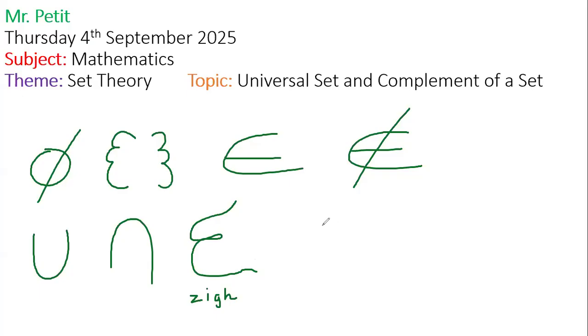And then we have this one, capital U. The universal set as well. Very good. And then we have this one.